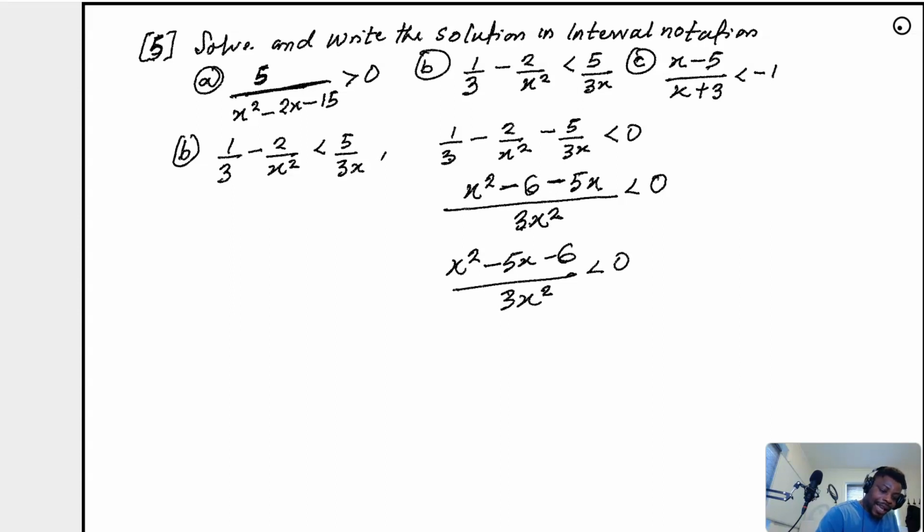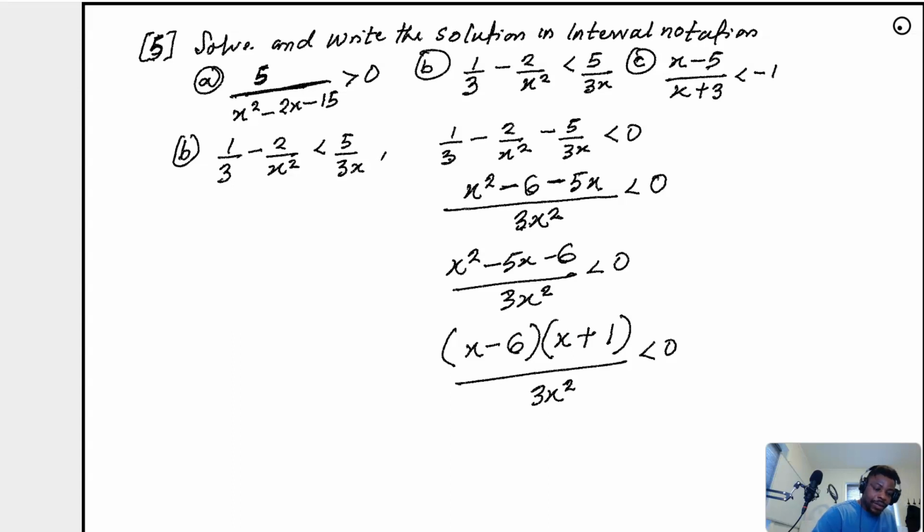Okay, and I can also factorize the numerator. So this is x, and this is x, this is 6, this is 1, this is minus, and this is plus. That is how to factorize. Now, we want to get our critical points, and that is based on the numerator and denominator.